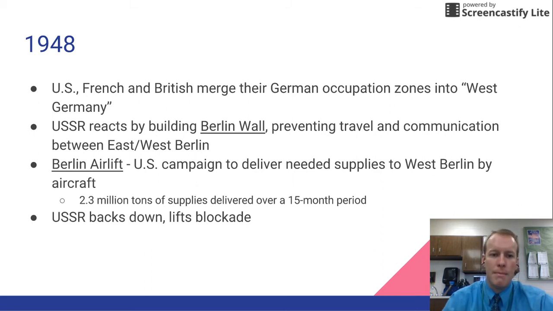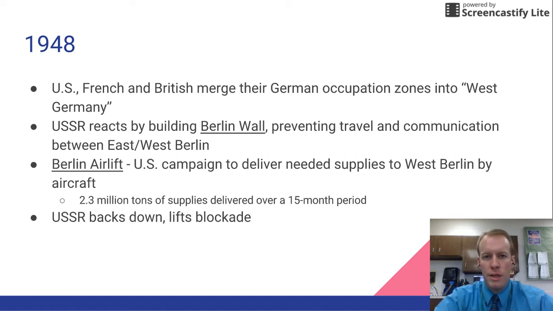Now, Berlin had been divided. Berlin, being the capital city of Germany, had been divided into 4 sections as well. So the capital city of Berlin was controlled by each of the 4 countries. The USSR controlled the eastern part of Berlin, and they would cut off the travel between East and West Berlin with this wall.